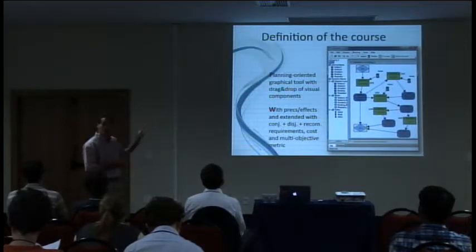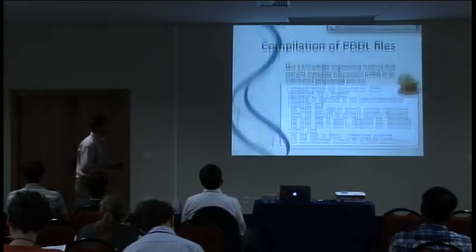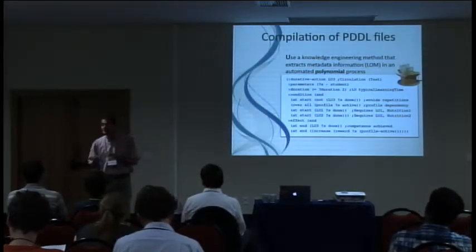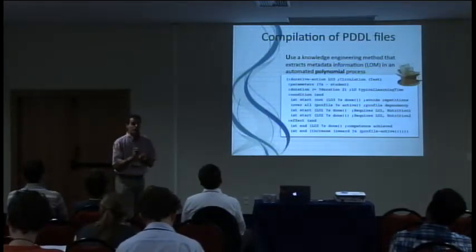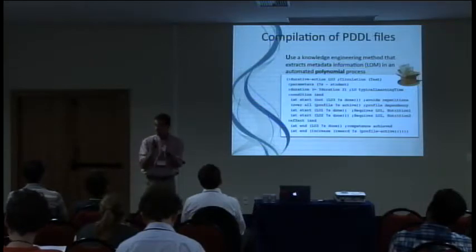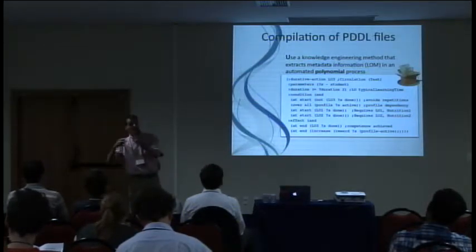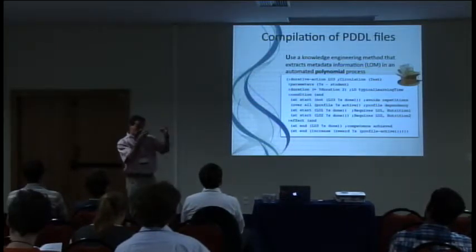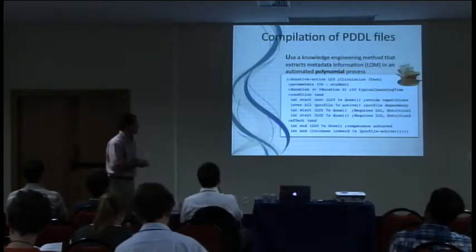And with that tool, what we can do is to create a compilation of the domain. The compilation of the domain is based on the extraction of the learning object metadata. In that case, the learning object has some kind of metadata standard that says, I require this, I have this as an effect, and what the tool does is to extract that information and to create the domain.